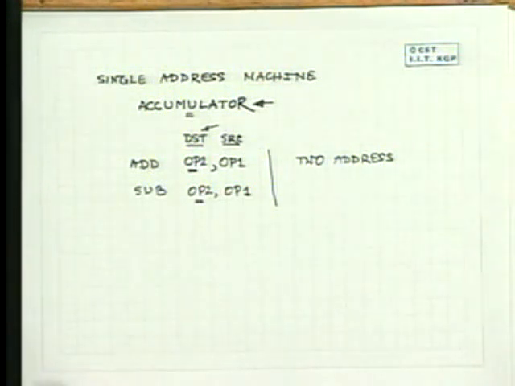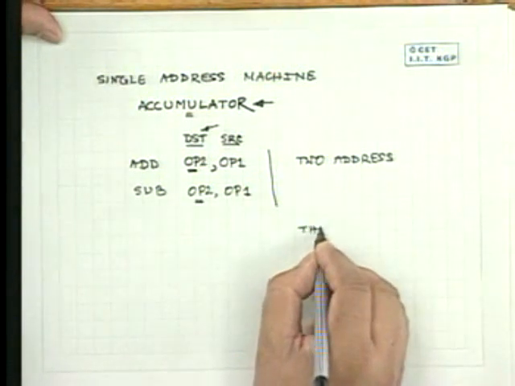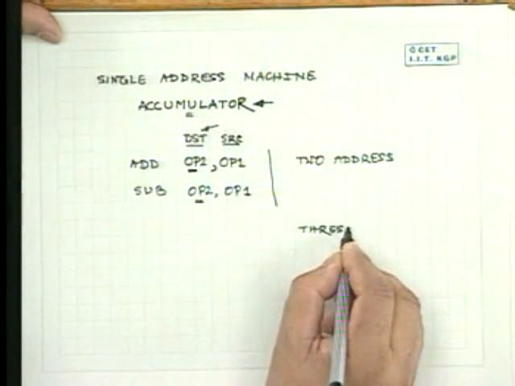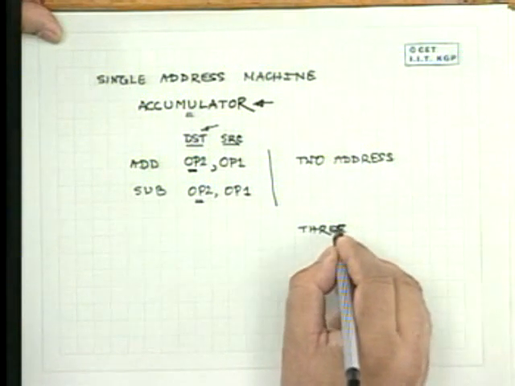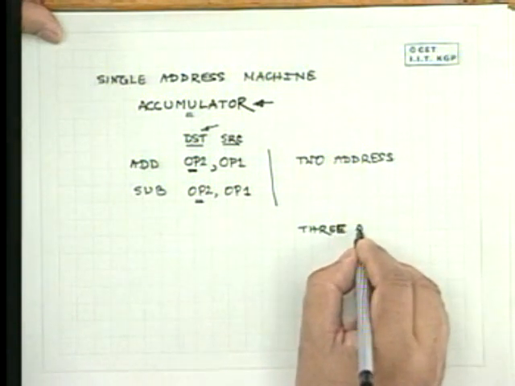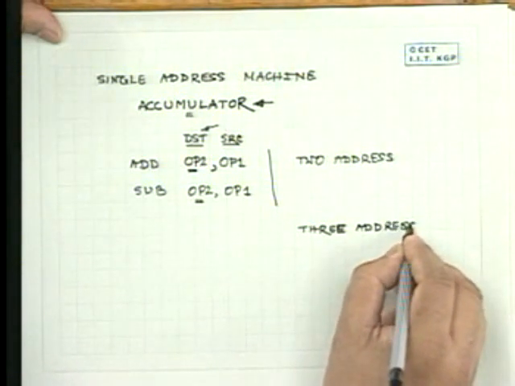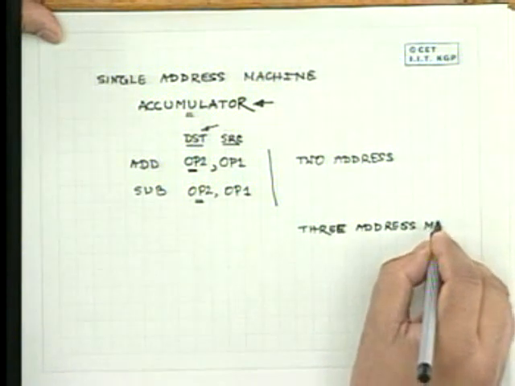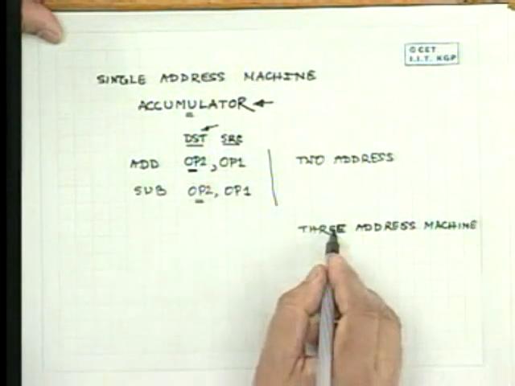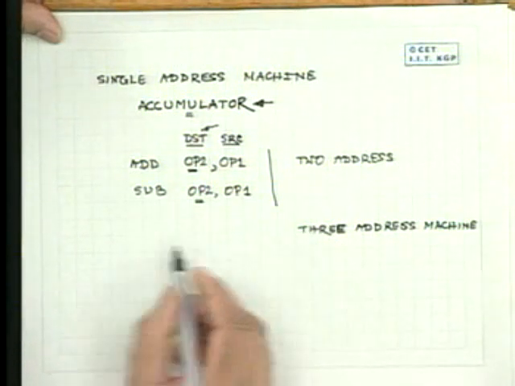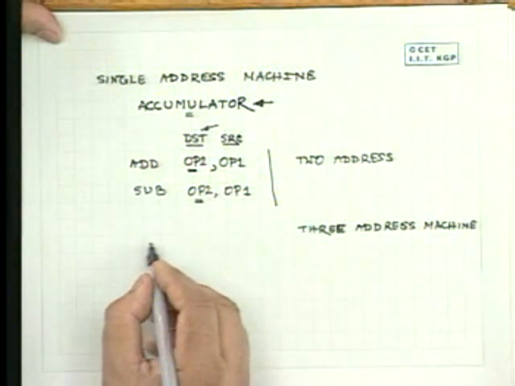Now, there can be similarly a 3 address machine. In the case of a 3 address machine, as you can very well guess, there will be 3 operands.